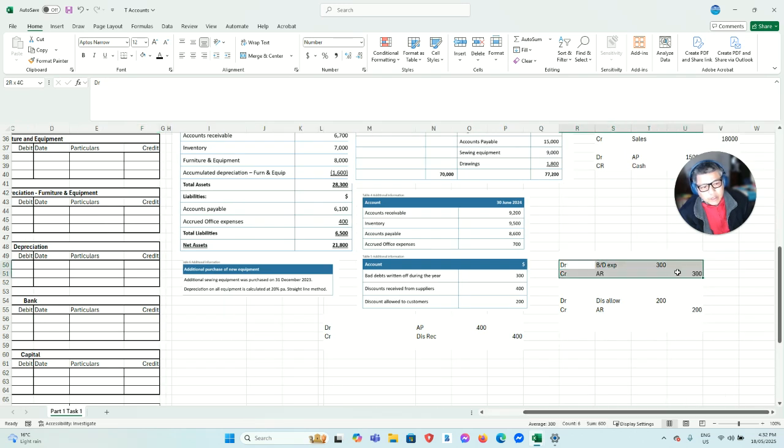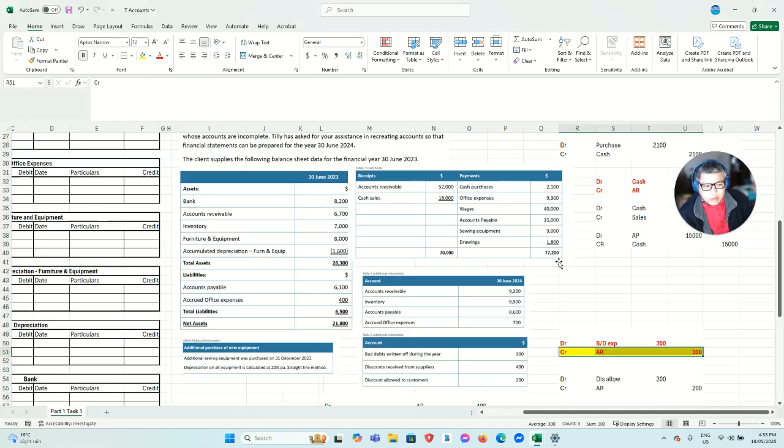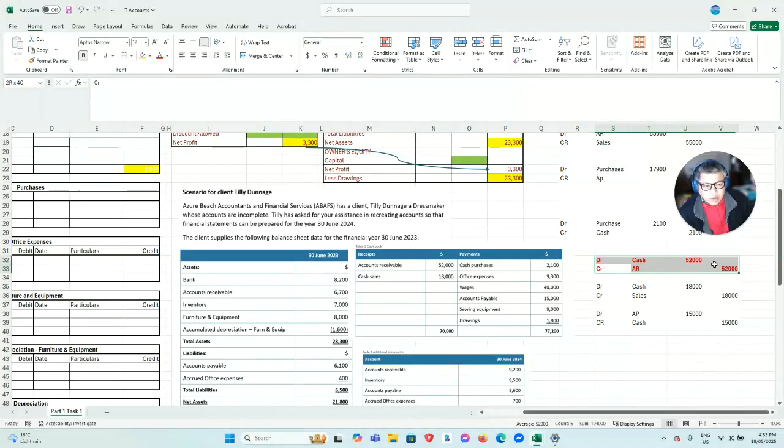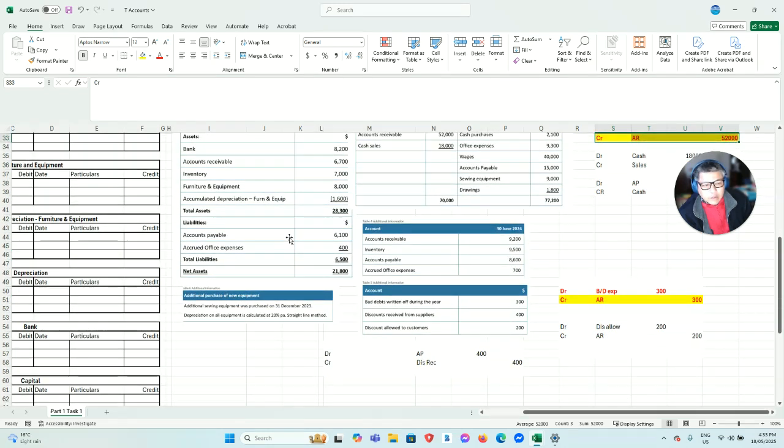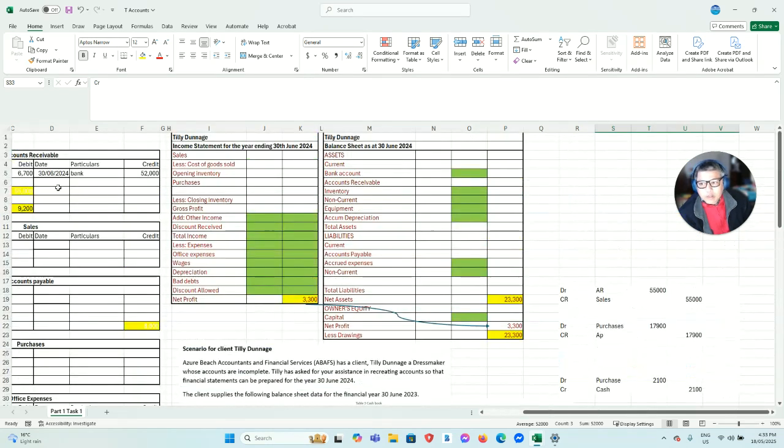That is the journal behind it, so we have to transport this one to the account receivable. That will be the credit side on account receivable, 300.